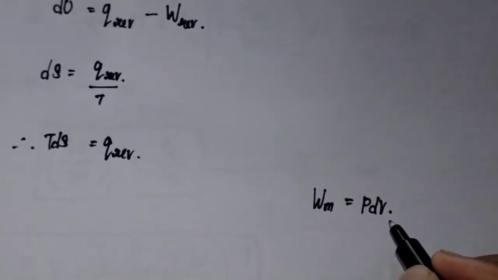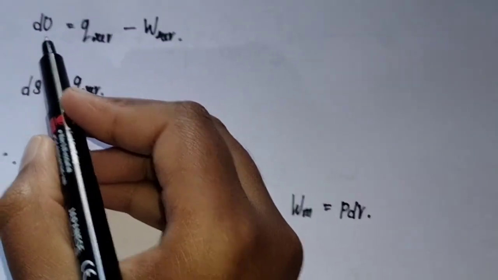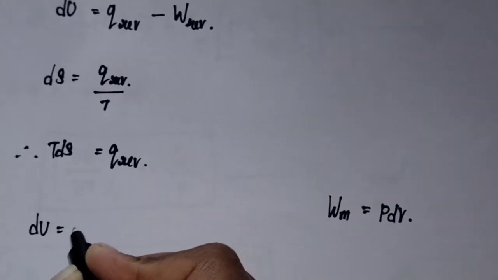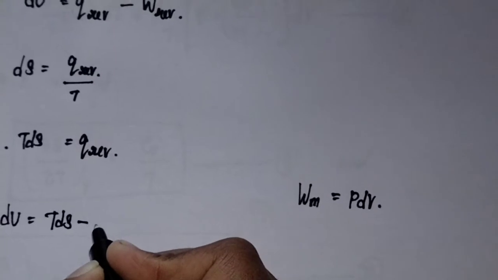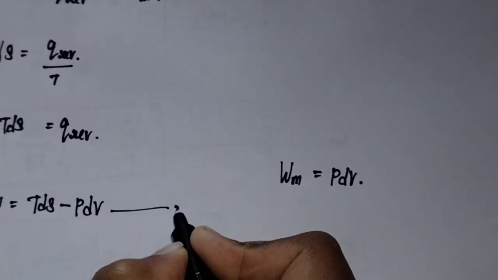Substituting these two in dU, we get dU is equal to T dS minus P dV. Take this as equation number 3.